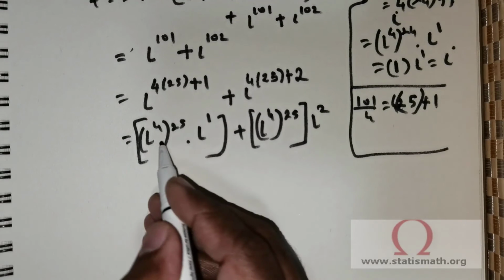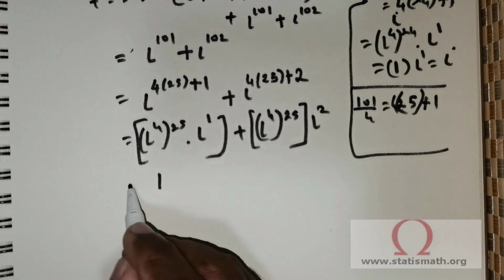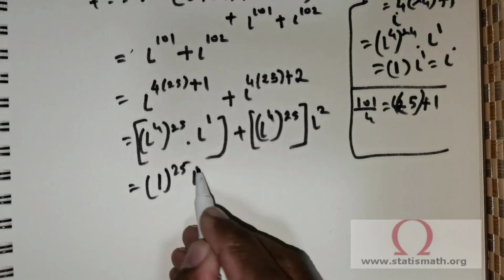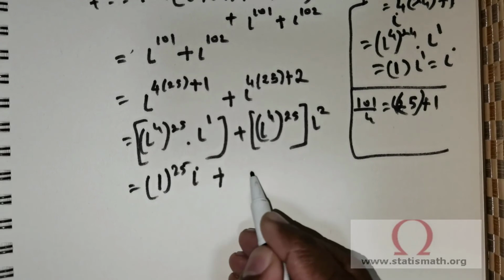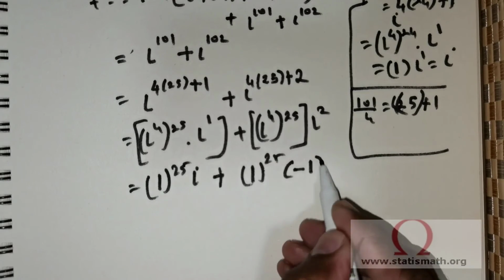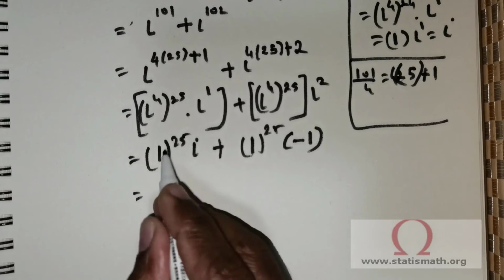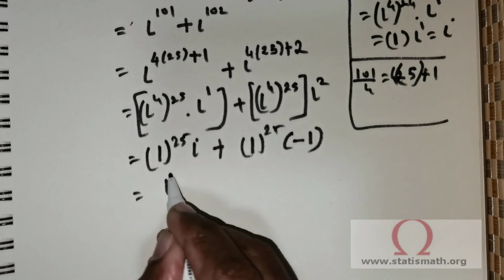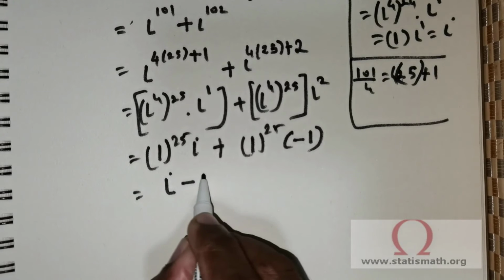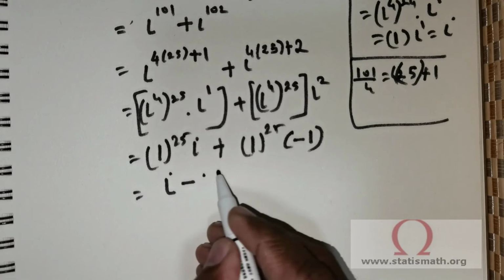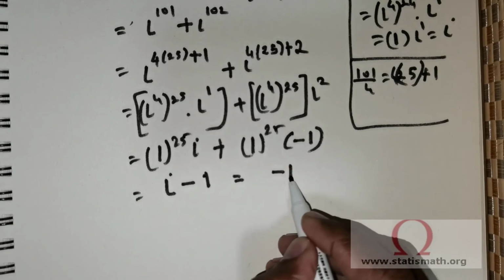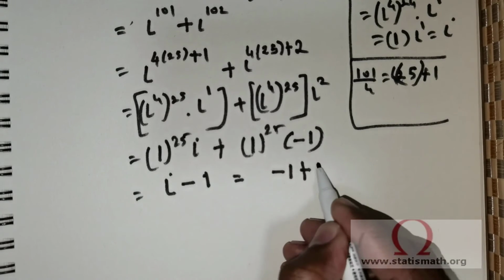Now this is going to be 1 raised to the power 25 times i, positive 1 raised to the power 25 times i squared, which is negative 1. So 1 multiplied with i gives you i, and 1 multiplied with negative 1 gives you negative 1. So you have negative 1 added with positive i.